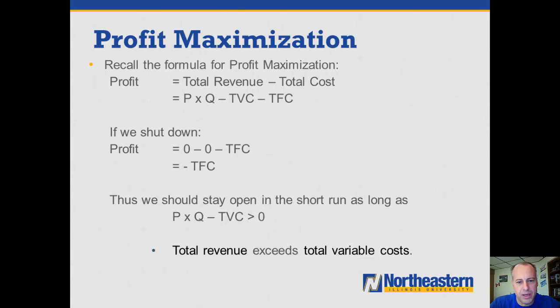We should stay open then if total revenue exceeds total variable costs. This potentially could give us a loss, but the loss is going to be smaller than total fixed costs. As long as we replace revenue minus total variable costs with something greater than zero, our profit will be bigger than minus total fixed costs, which is the choice we have if we shut down.